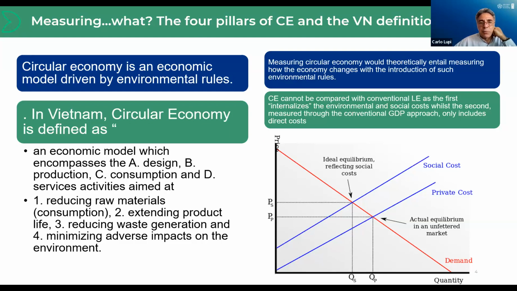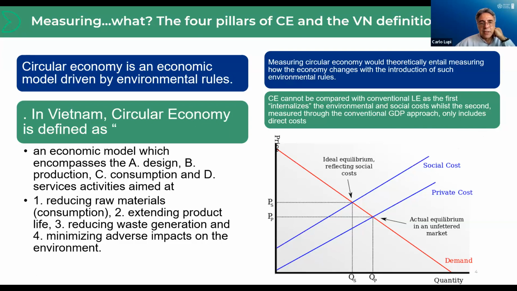Another important thing that we have to remember is that if we measure the efficiency of an economy in a country, we are obviously tempted to use the GDP approach, but comparing linear economy with circular economy might be misleading, as circular economy is by definition an economy which internalizes environmental cost, whilst the linear economy doesn't.